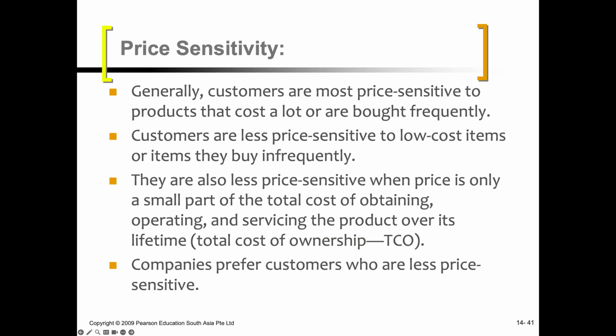Generally, and nowadays when the economy has been hit quite hard, customers become more and more price sensitive to products that cost a lot or are bought frequently, like soap, shampoo, cooking utensils, or even cooking ingredients. Customers are less price sensitive to low-cost items or items that they buy infrequently.